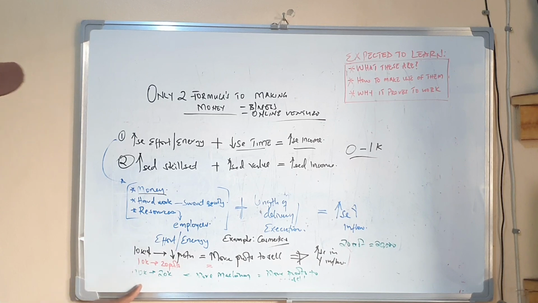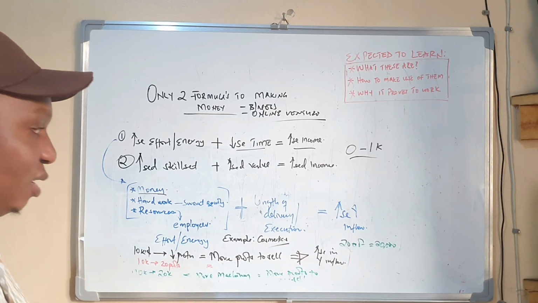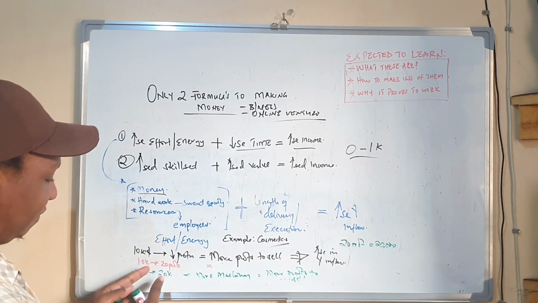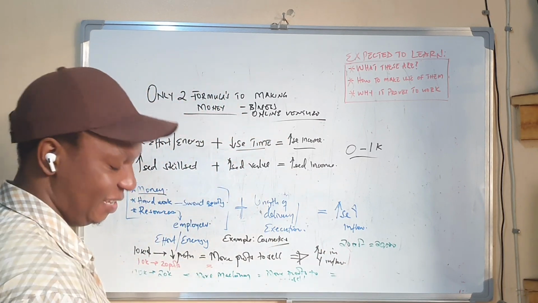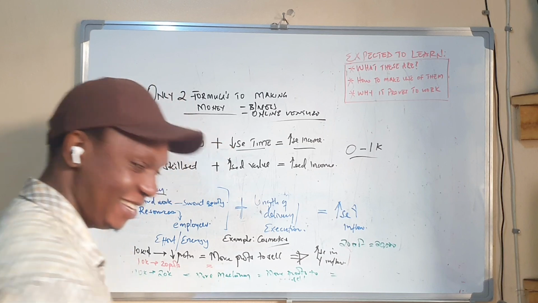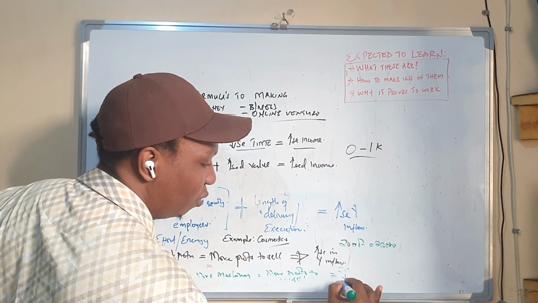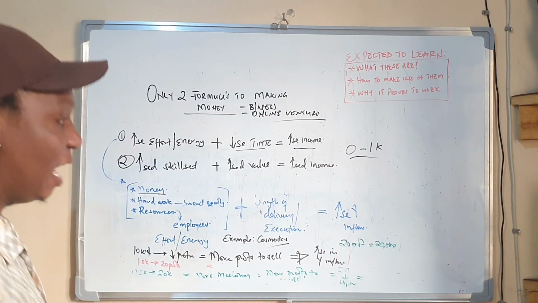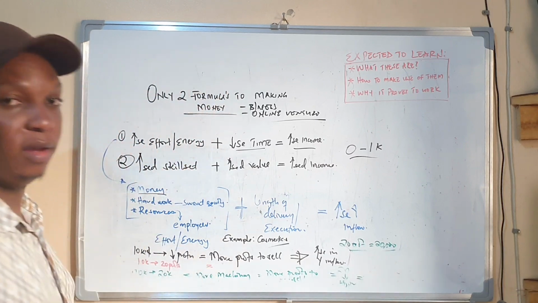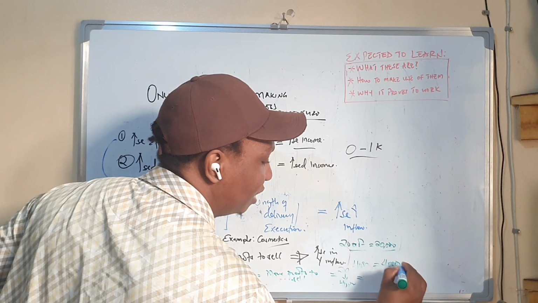Initially 10K managed you 20 products, but now you have 20K, which means you're going to double the products you make, from 20 products to 40 products. And if the 20 products brought you 20K, that means 40 products are going to bring you 40,000.